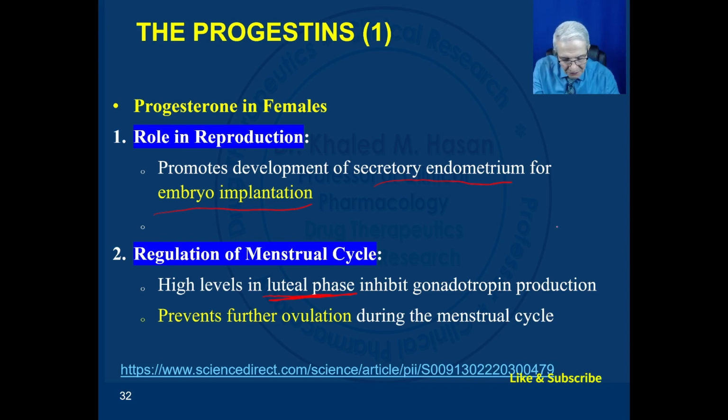If you have a high level of progesterone, the result will be inhibition of LH. This inhibitory effect on LH may lead to inhibition of ovulation during the menstrual cycle, and we could use progesterone as an oral contraceptive.